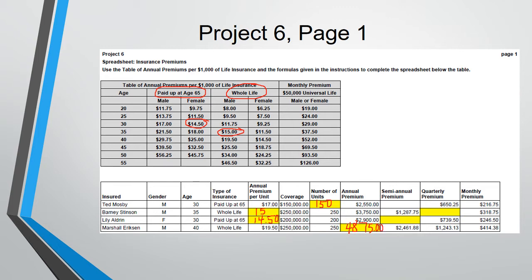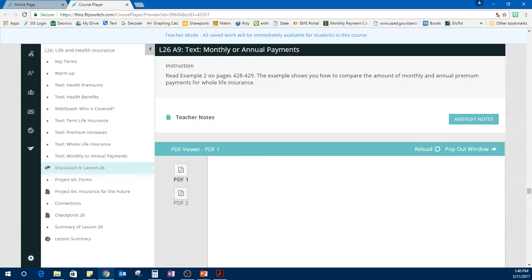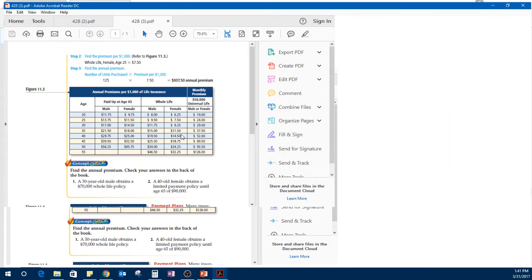For the next two columns, the semi-annual premium and the quarterly premium, we're going to get the rate from the course. So I want you to go open lesson 26, go to activity 9, which is called text, monthly or annual payment, and PDF 1. Mine doesn't pop up right away, so I have to download it. But you should see this PDF right here.